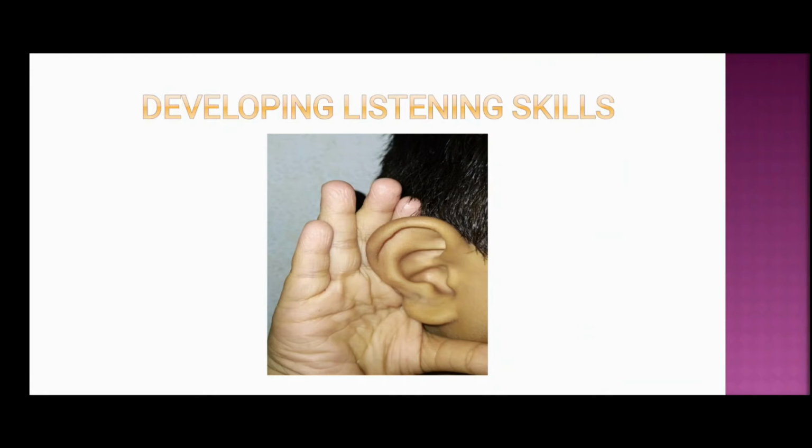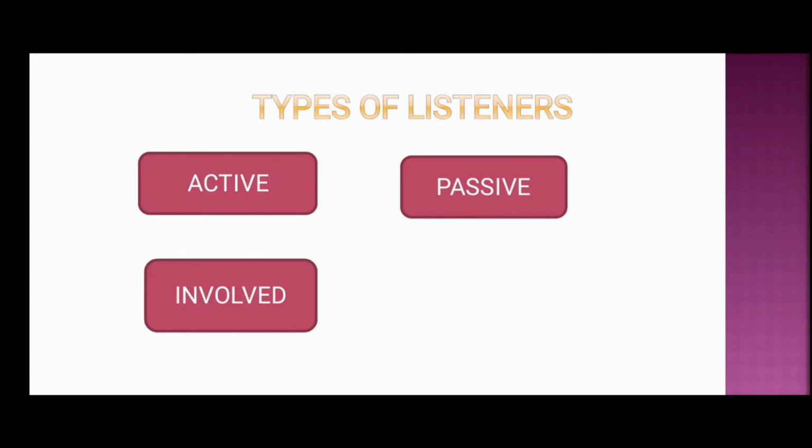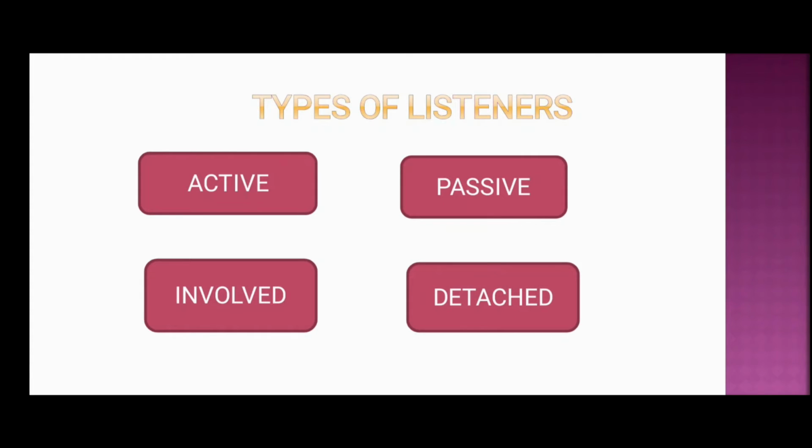So, listen carefully. Here are some types of listeners that we have to know. They are active, passive, involved, and detached.